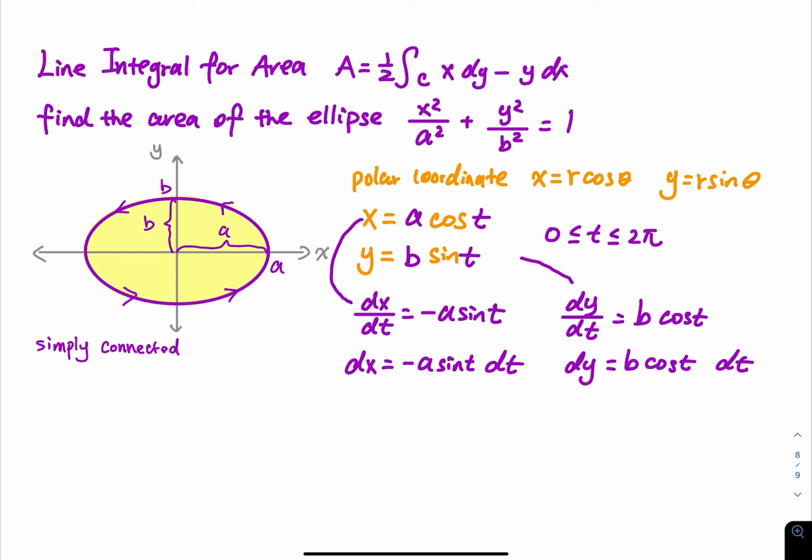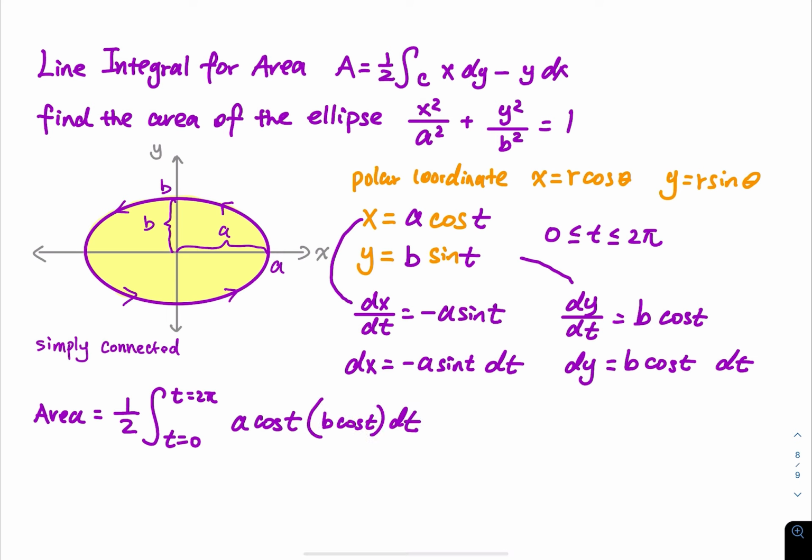So we have area equals 1/2, and then we have a line integral. Actually, not really a line integral, it's just an integral now. And t goes from 0 to 2 pi, and then we have x dy. X is now a times cosine of t. How about dy? dy is b cosine of t dt, which is from here.